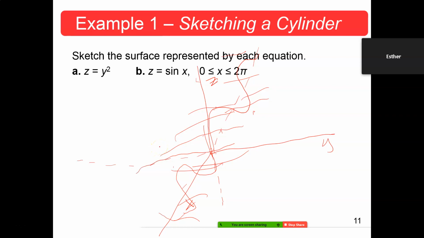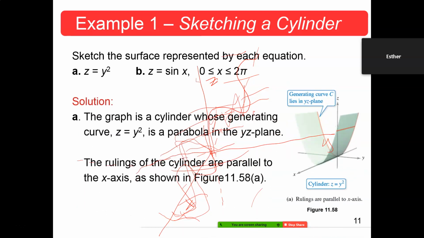I was only supposed to go from 0 to 2 pi. Sorry about that. I did it in the wrong direction too. I should have started coming up here and going down. Sorry, I was thinking that was the C part there. 0 to 2 pi. Forget about the part down here.